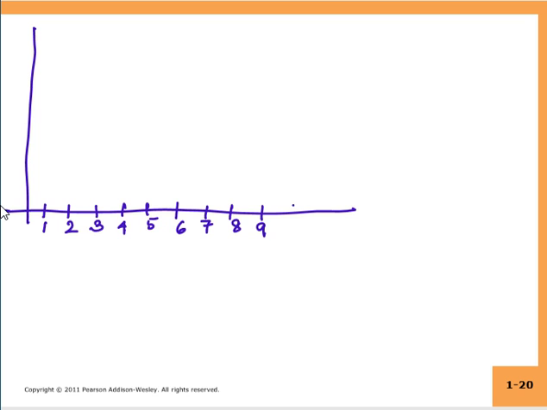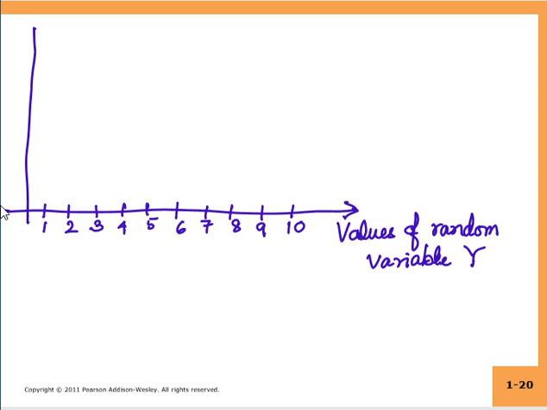Remember that on the x axis you are taking the values of the random variable y. These are the values of the random variable y.